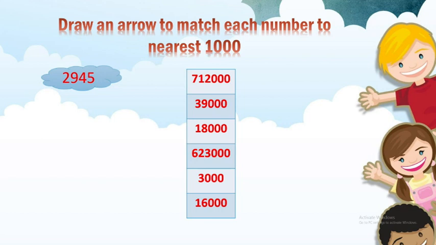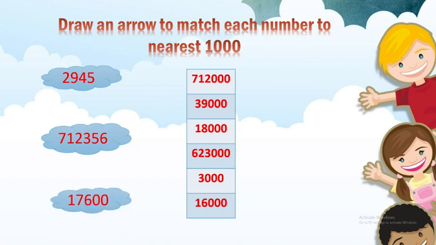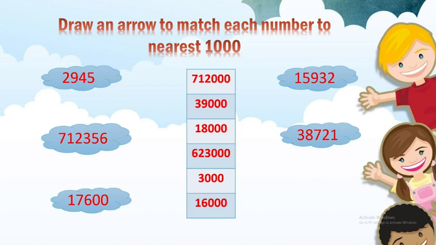The second one, 712,356. The third one, 17,600. Fourth, 15,932. Fifth, 38,721. Sixth, 623,123. Now you have to find out the answers.